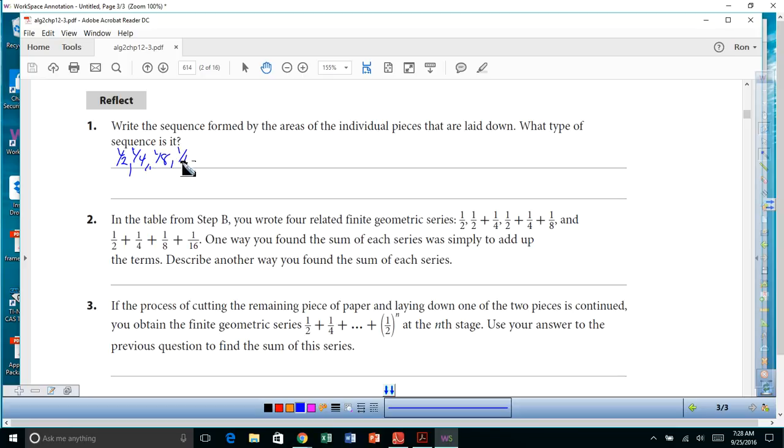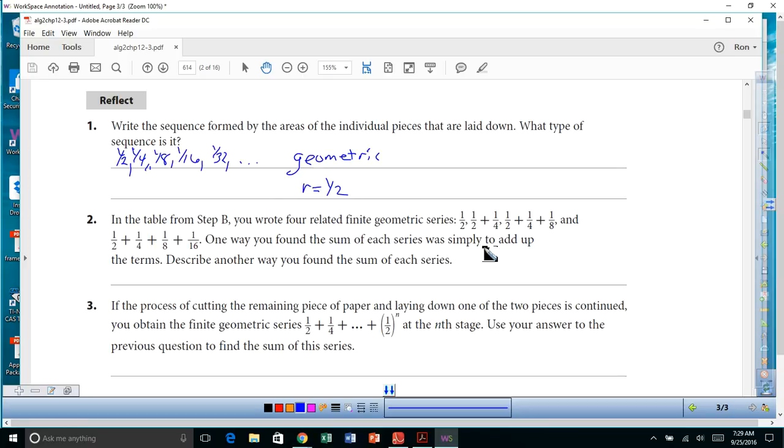And then 1/16. And if we did it again, it would have been 1/32, and so on and so on. We call this a geometric sequence, and the r is 1/2.